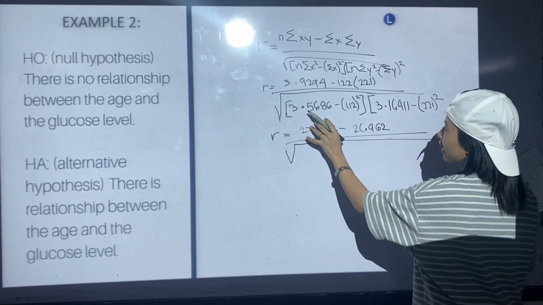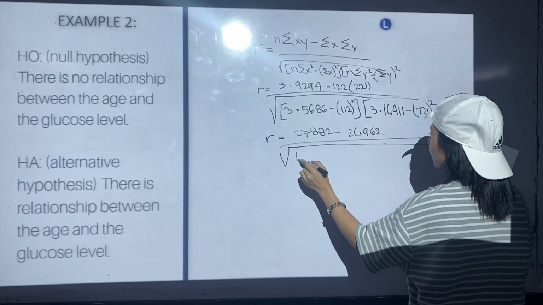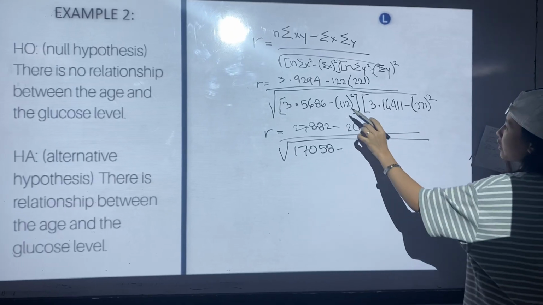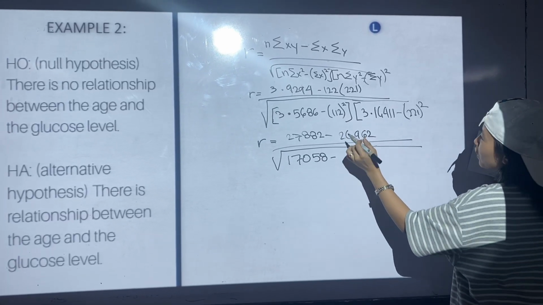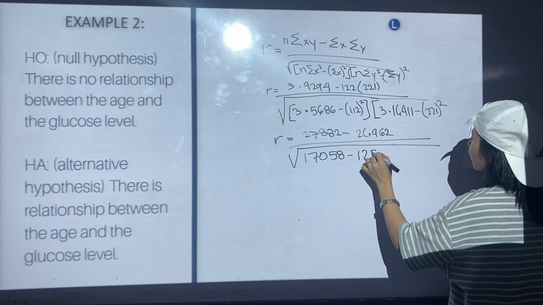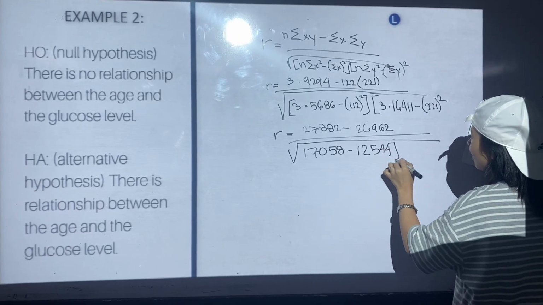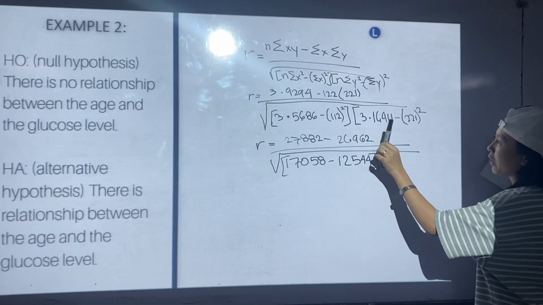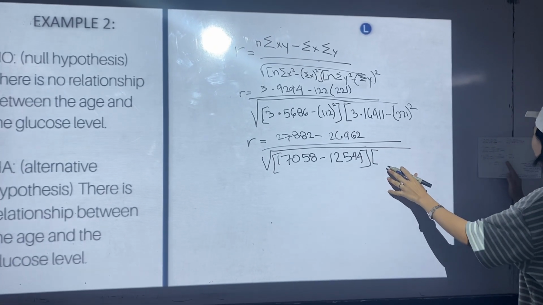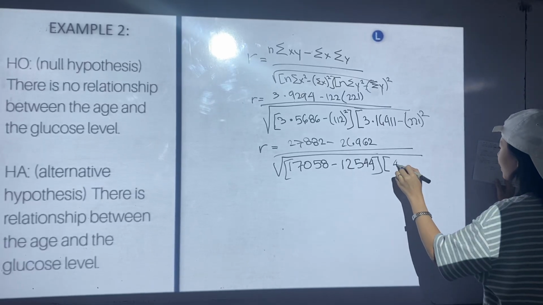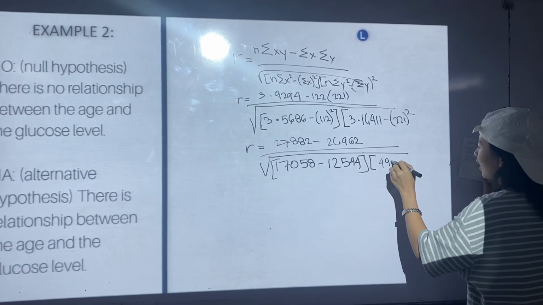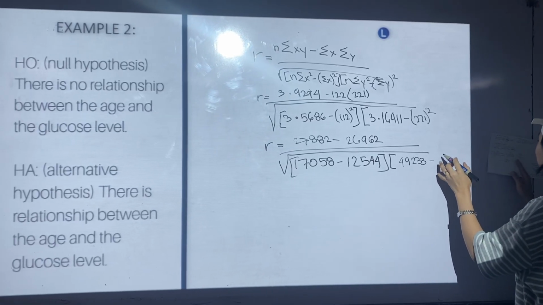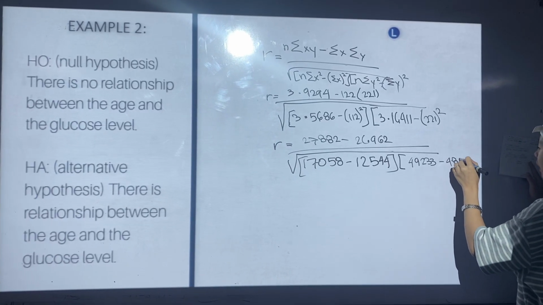Then multiply the 3 and 5686, that is 17058, minus, then square the 122, that is 14884. And then multiply the 3 and 16411, that is 49233, and the square of 221, that is 48841.